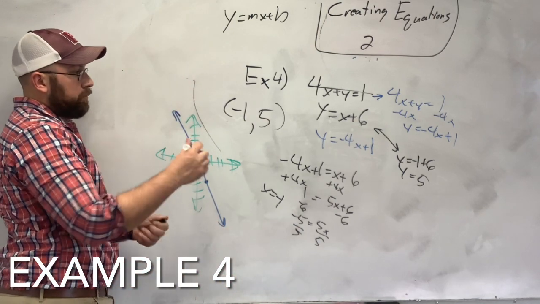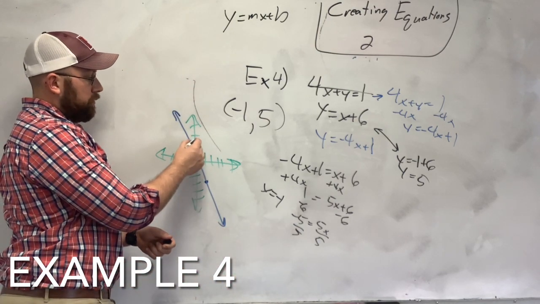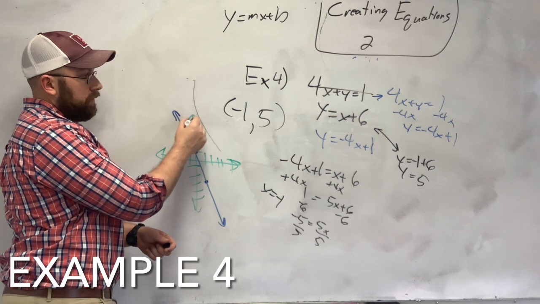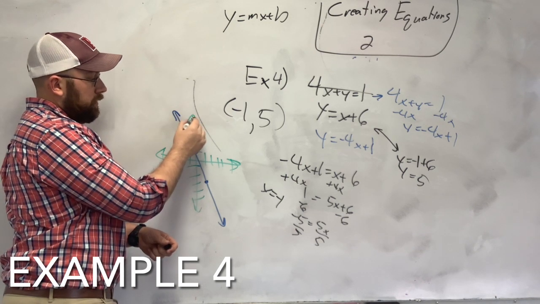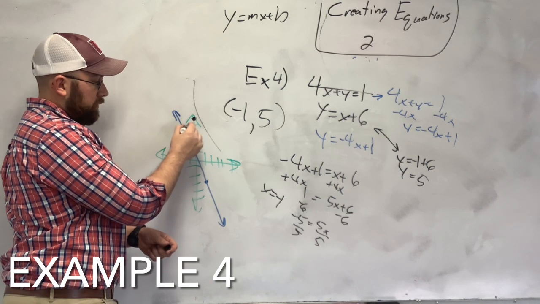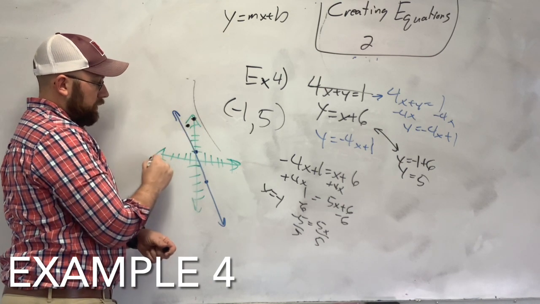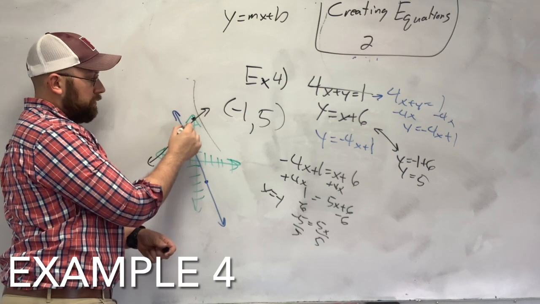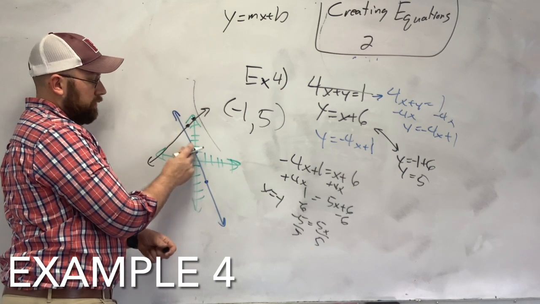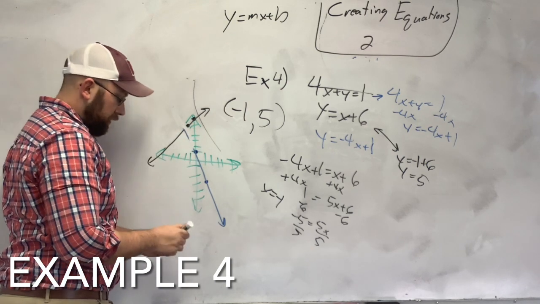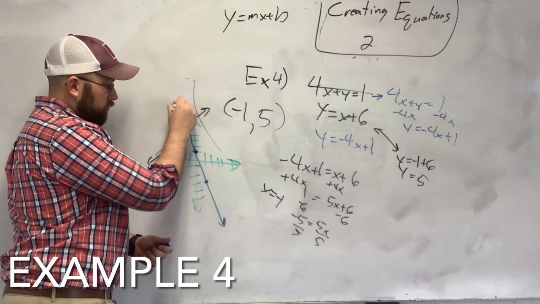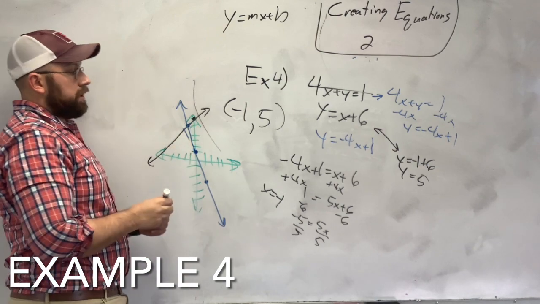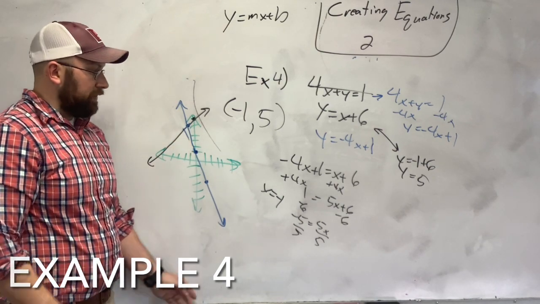And we'll graph the top one. 1, 2, 3, 4, 5, 6. Start here. So they should actually meet right there. If I curve this line a little bit like it's supposed to be, there we go. Close enough. But that's what it would look like if you were graphing it.